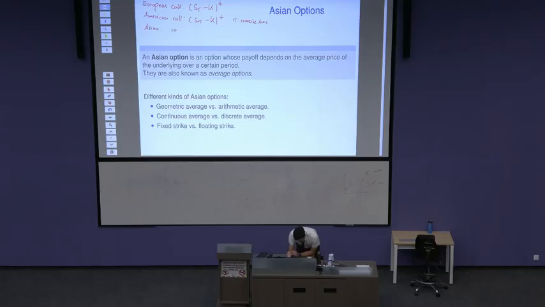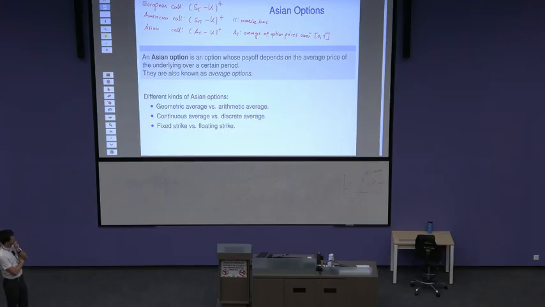Asian calls would correspond to A_T minus K, the positive part, and A_T is some type of average, the average of the underlying price over the time period from 0 to T. So instead of just looking at one point in time, which is either the maturity or some intermediate time, for Asian options we are really looking at the average price of the underlying over some period.